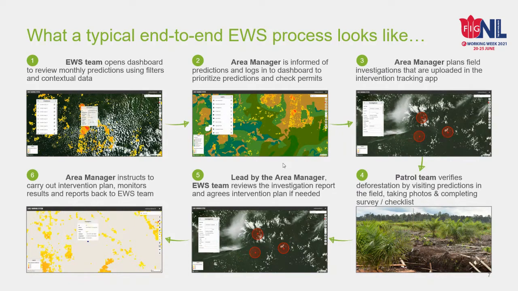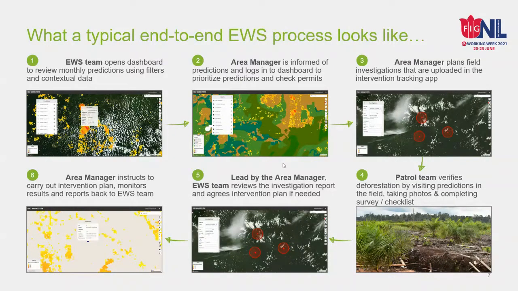And in step 3, they can make a plan to go into the field and investigate those locations to really understand what's happening on the ground, and whether we can already see the first signs of deforestation or activities going on, or maybe nothing is visible yet, but to understand the local context. So that's what happens in 4, that people really go to the location.